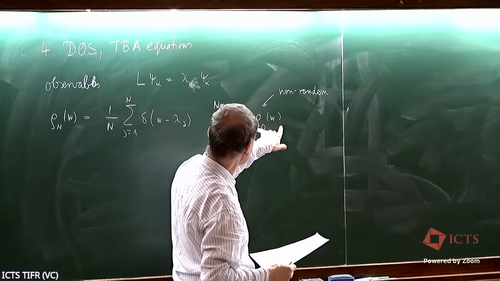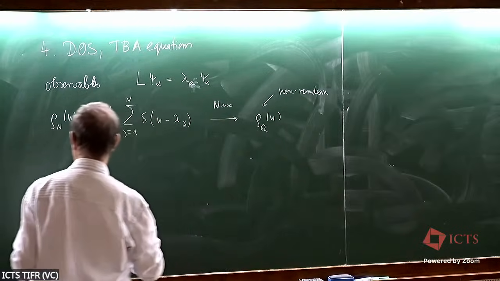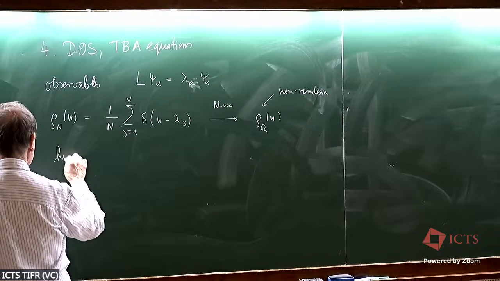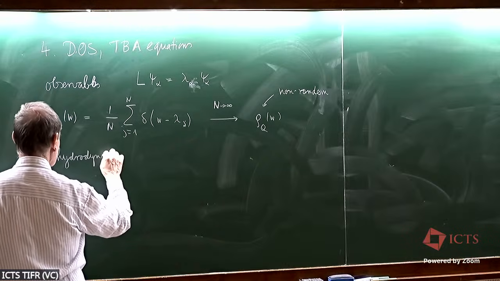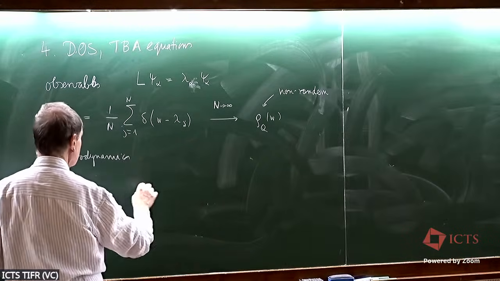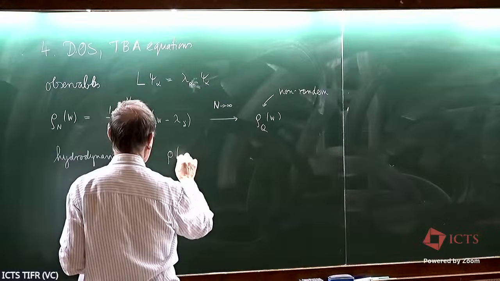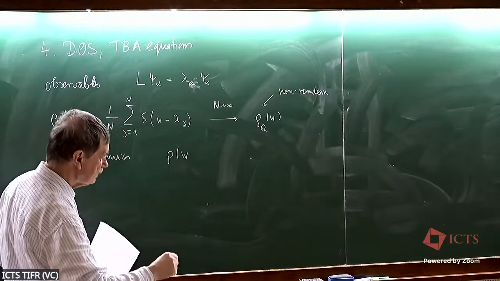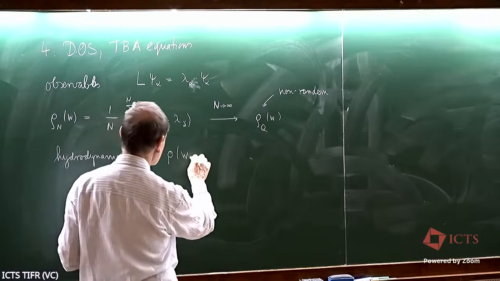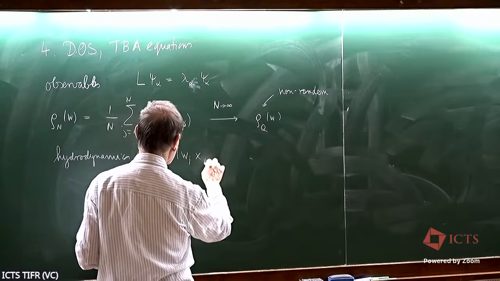Now this object will eventually be a hydrodynamic field. For our hydrodynamic fields, I'm coming back to this, but I may have to make this remark. For the hydrodynamics, the fields are what? I have a rho, a density of states in w, but in hydrodynamics this becomes local in space and time. So there will be a function which depends on x and t.